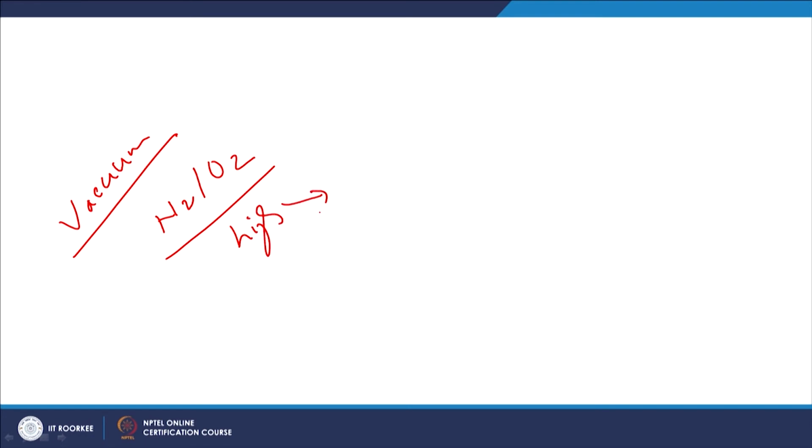Apart from these, since the use of the vacuum eliminates the possibility for the nitrogen and oxygen which are normally found in the ambient condition, and at a high temperature these gases normally cause the oxidation or the nitride formation at the surface.